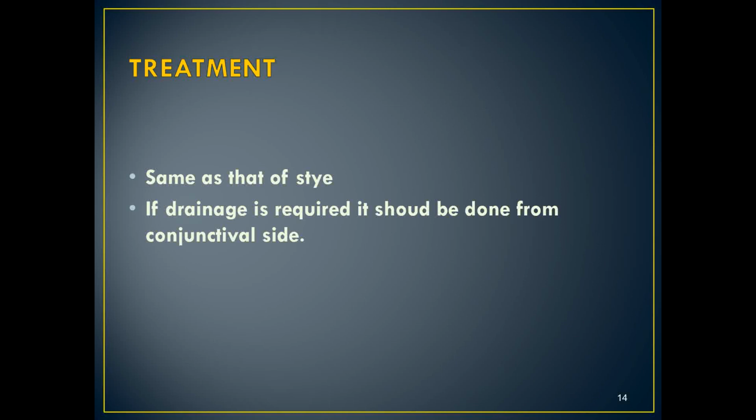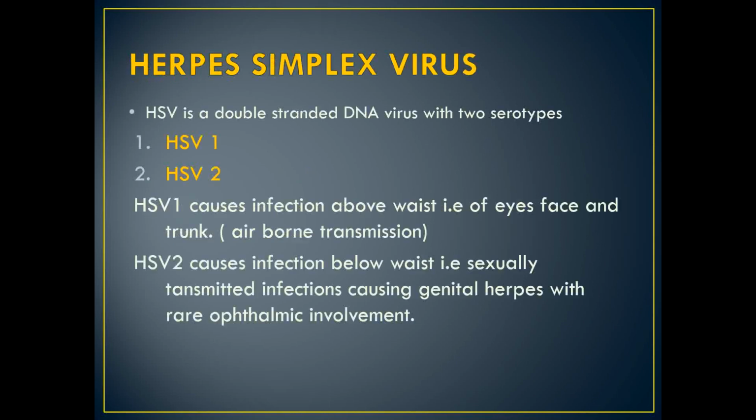In this stye, you remove the eyelash associated with the pus and you give the antibiotic. If the patient has severe upper lid swelling, you can also add systemic antibiotics. But for chalazion, you need to do a surgical procedure, that is incision and curettage.